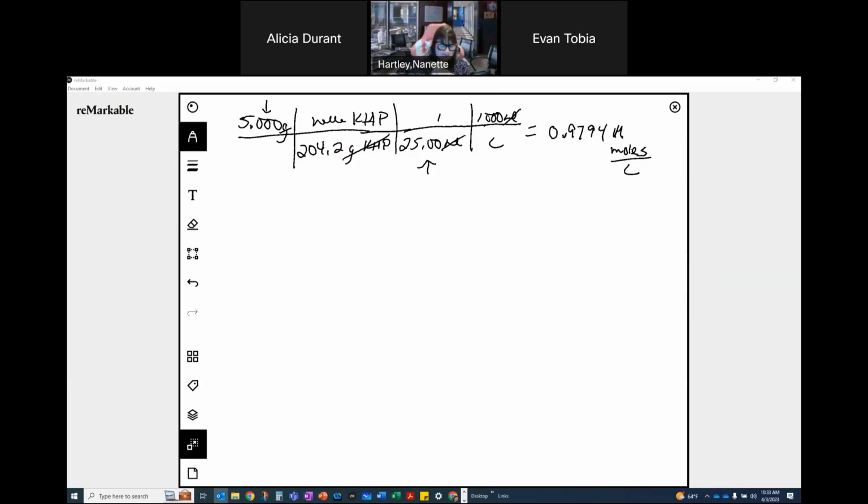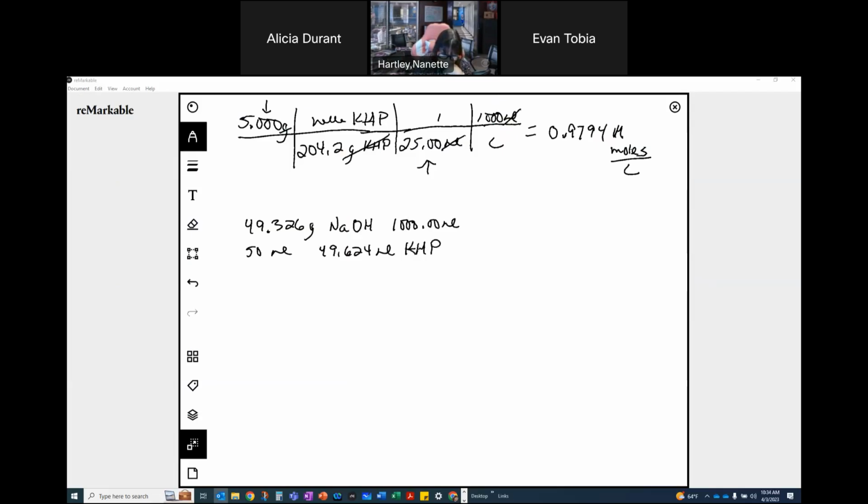Okay, the next one says I prepare 49.326 grams of sodium hydroxide in a total volume of 1,000.00 milliliters to do a titration. Reacting this solution against the KHP, I find that a sample of 50 milliliters of the sodium hydroxide requires 49.624 milliliters of KHP to reach the endpoint.